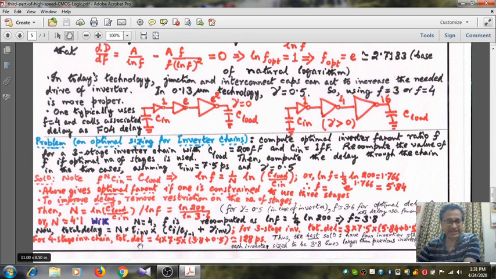For the 4-stage inverter chain, however, it is less. 4 into 7.5 into 3.8 plus 0.5, that is only 128 picosecond. So we find that the best solution is to have 4 inverter stages, where each inverter is sized to be 3.8 times larger than the previous inverter, right?